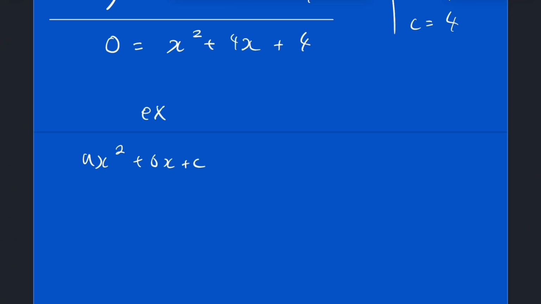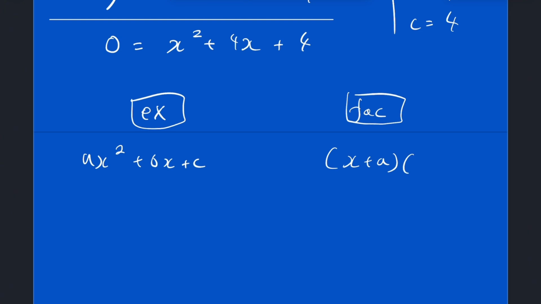This is the expanded form, or its normal form, okay? There's the factorized form of a quadratic, which might look like this, with two factors, so a set of brackets. All you need to know right now is that you can get from one to the other and they have their purposes, which we're going to go through now.